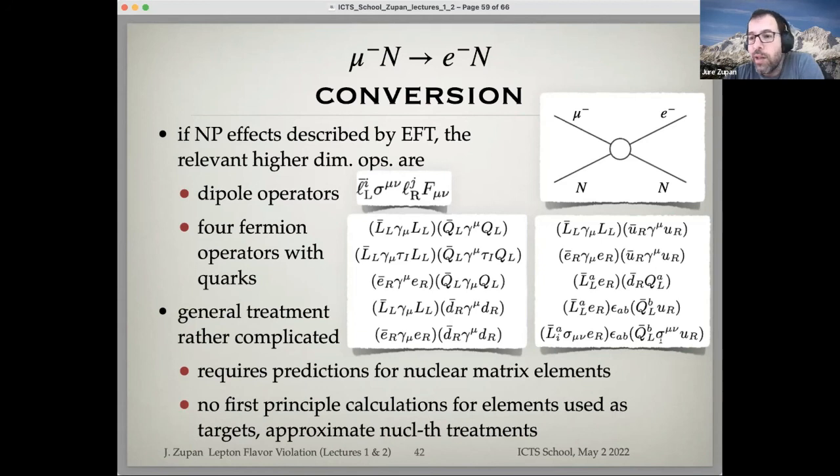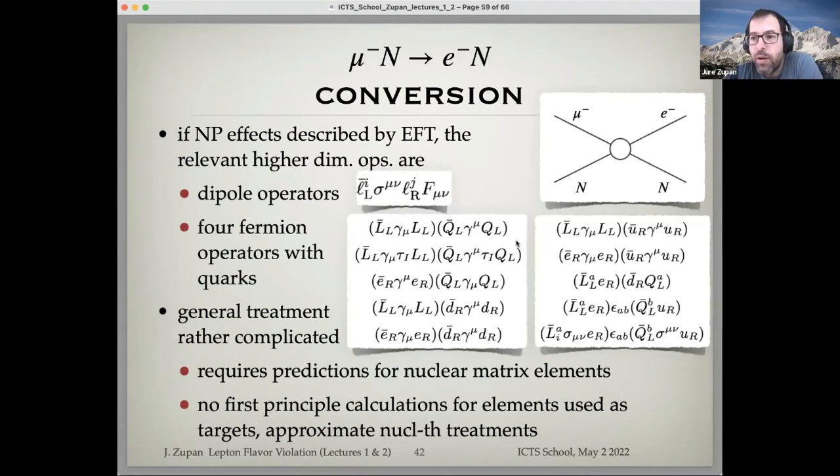All right, so what that means is that there's a lot of different contributions, which is good, no? Because you can probe quite a large set of new physics models. On the theory side, when you're computing the rates, there is a complication that now you have to deal with nuclear physics. So the matrix elements need to be evaluated.